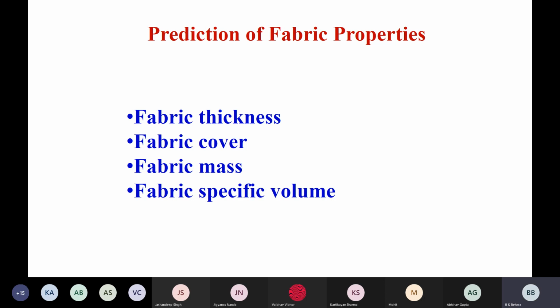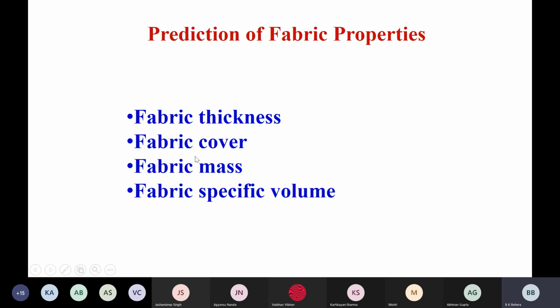These are very important properties for a fabric, and we will discuss here only the first one. Other three you have already got some idea, some formula also you know already. But now I want to explain what is fabric thickness.